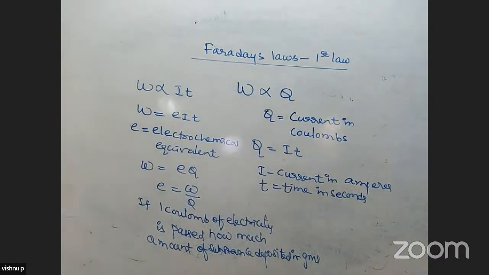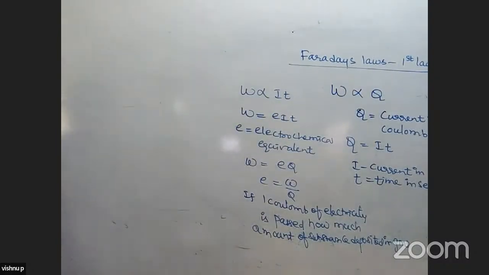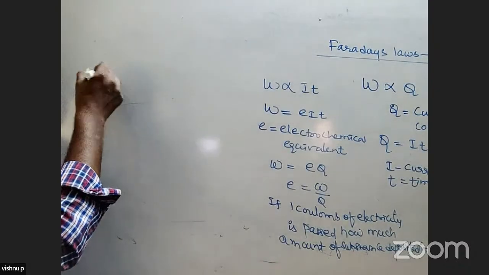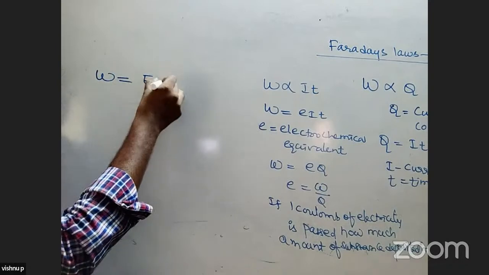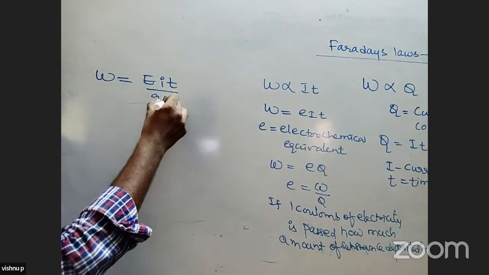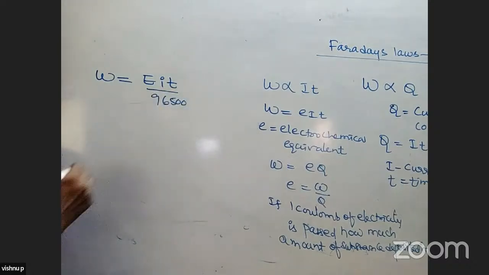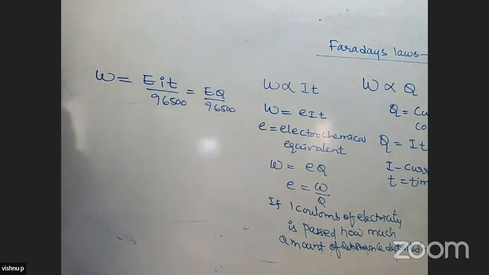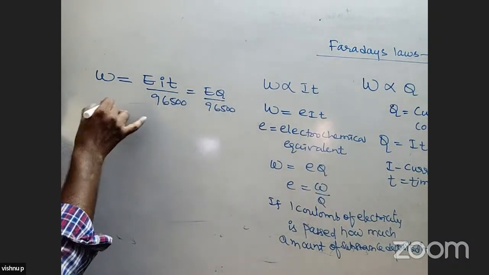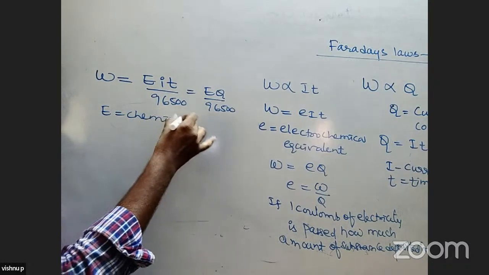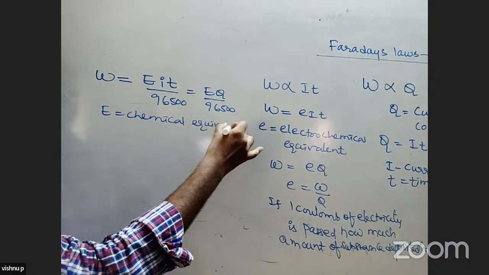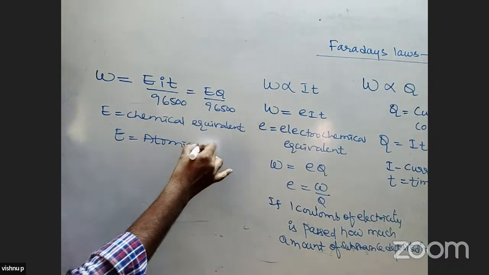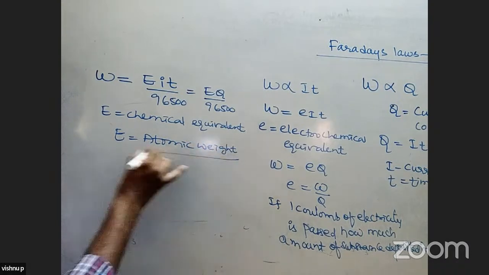So here we write W is equal to EIT, or EQ by 96,500. What is this E? E is called the chemical equivalent. E is equal to atomic weight by valency.